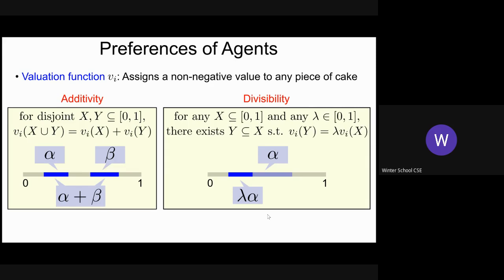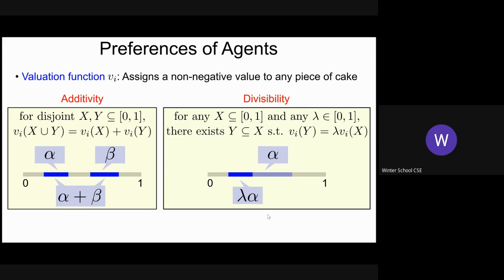Okay. And this is, yeah. Yeah, it could be anywhere, but it suffices to consider it from the start for our purpose today. Yeah, but in general, yes, you're absolutely right. So this is for any lambda. You give me a lambda, and I'll give you a smaller piece of value that fraction times the total value.